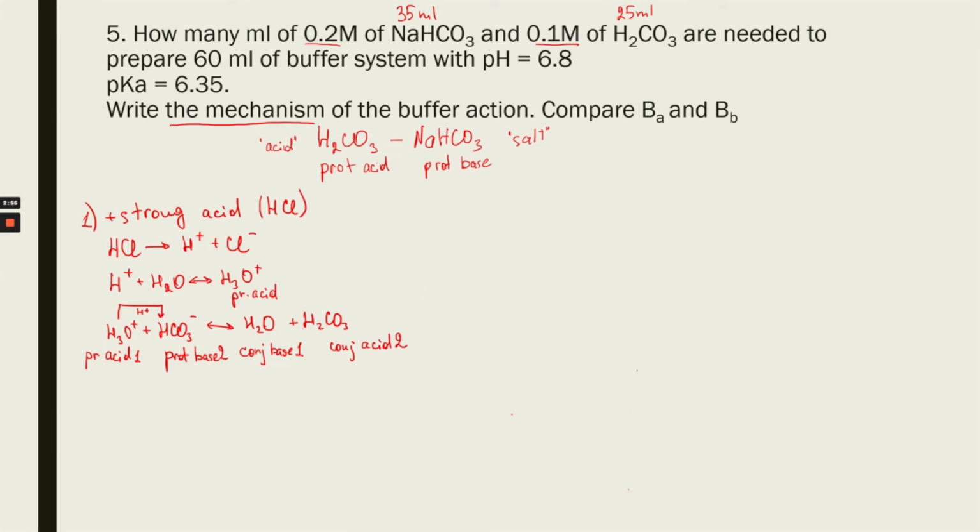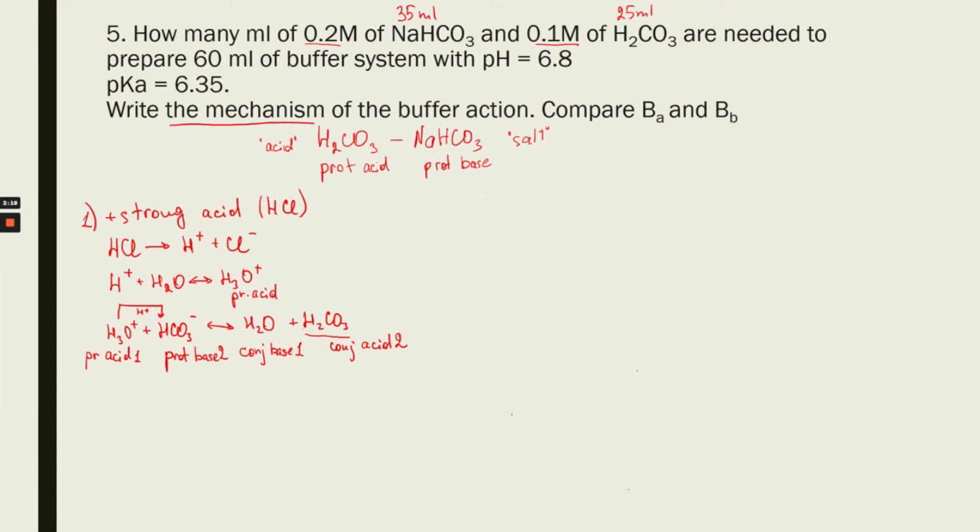So once again, the idea of buffering action of mechanism, as we had strong acid HCl. HCl produces a lot of protons. These protons influence on pH, but we replace strong acid HCl with weak acid, with carbonic acid. This is a weak acid. It doesn't give a lot of protons, and pH doesn't change much. It changes just a little.